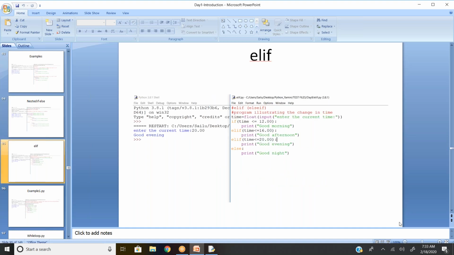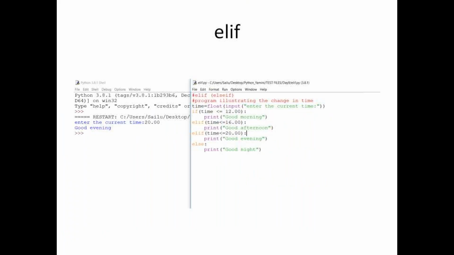And else if is nothing but when you have multiple conditions you want verified, you go with the else if statement. For example, I'm getting some current time. I want to say whether I need to say good morning or good afternoon or good evening, or the conditions you want to use multiple times.